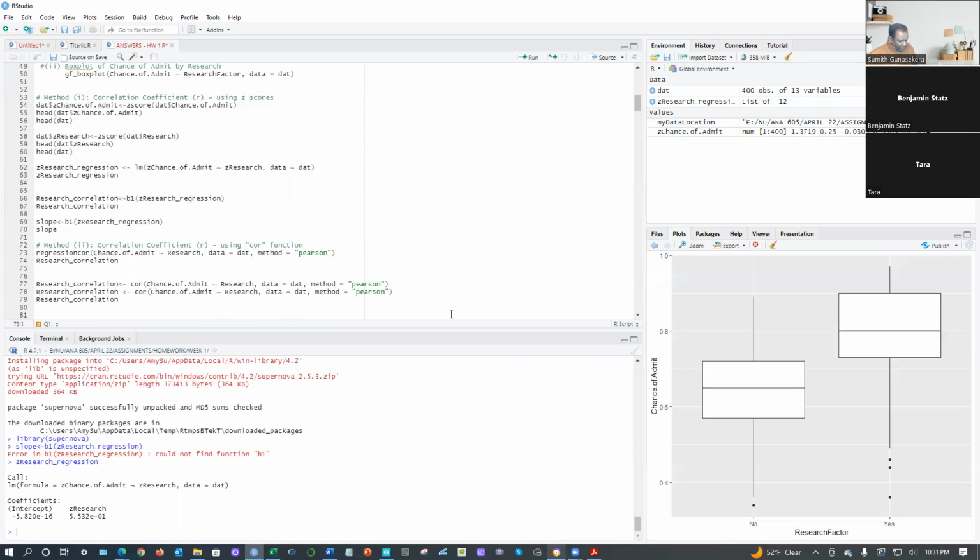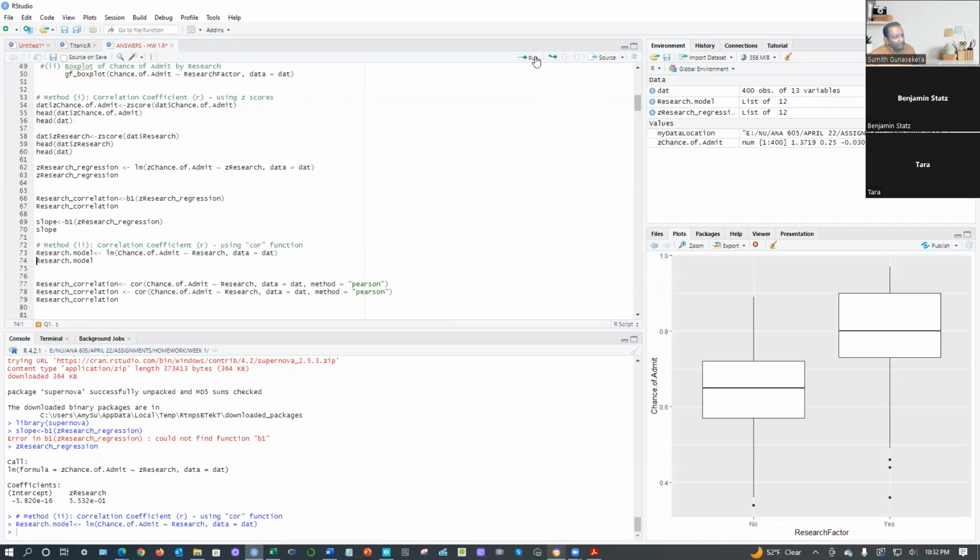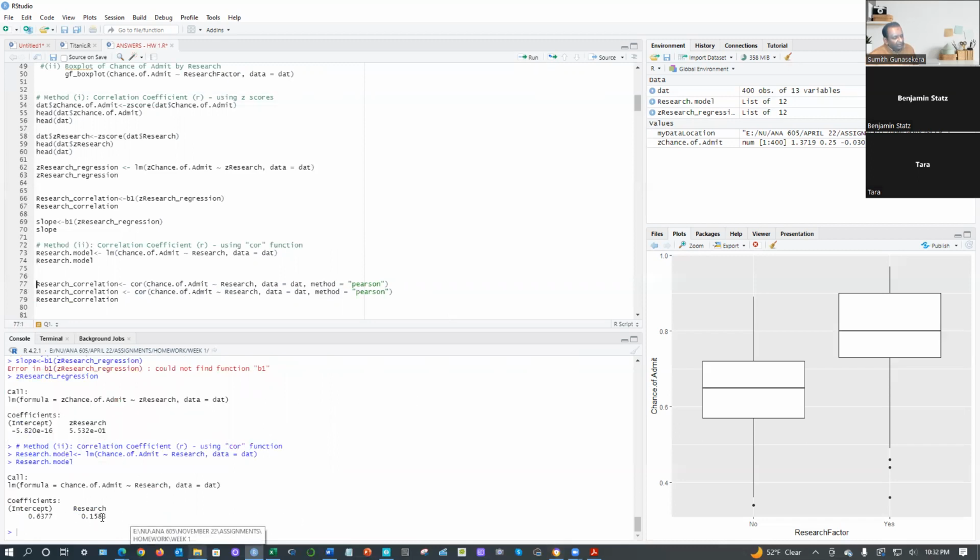So the name I go by all the time is research.model. We call that research.model. It's nothing but lm of chance of admit on research, data. I'm running that regression on the original data set. Its name is research.model. Model. This one. Then, yeah, that's the one. Okay, that's a different one.